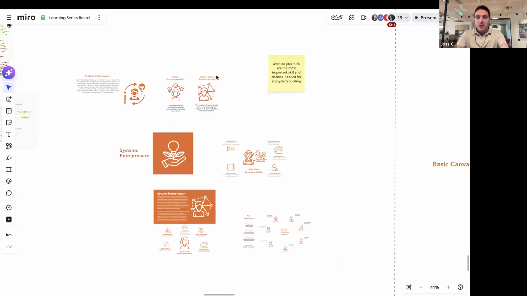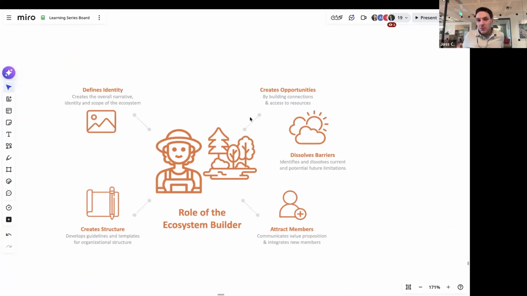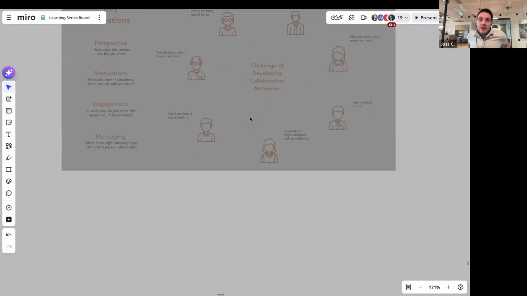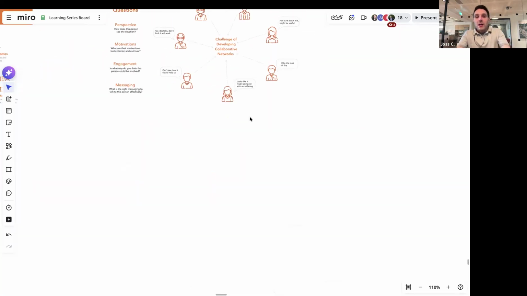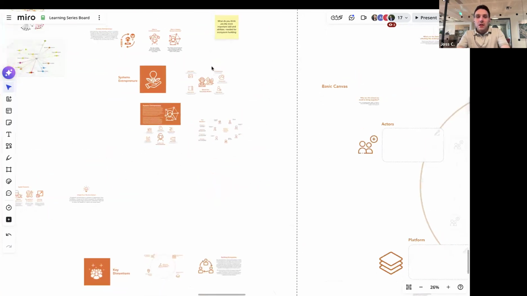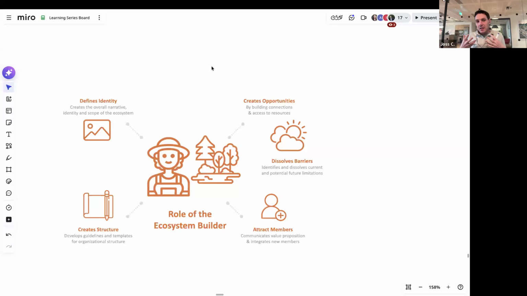And here are some of the roles that you need to do. I kind of touched upon some. You need to be able to see opportunities. That's why are you doing this in the first place? What's the purpose? What's the identity and the narrative that you're bringing people together around?